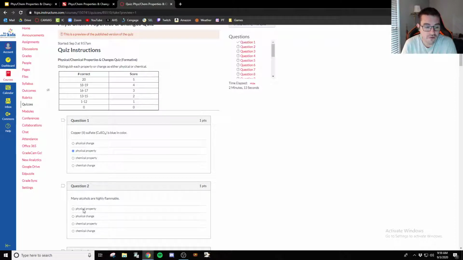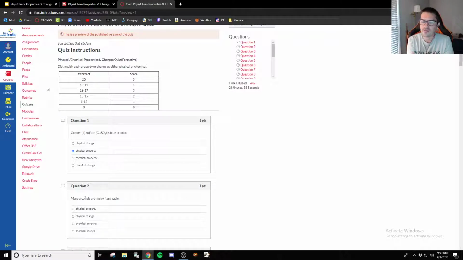So is it a physical property or a chemical property? Well, physical properties are things that I could observe with my five senses. Now, that's a little tricky, right? Because I could see alcohol on fire. But if I only see the alcohol, and I don't have a flame or anything, could I tell just by looking at it that it would easily catch on fire?